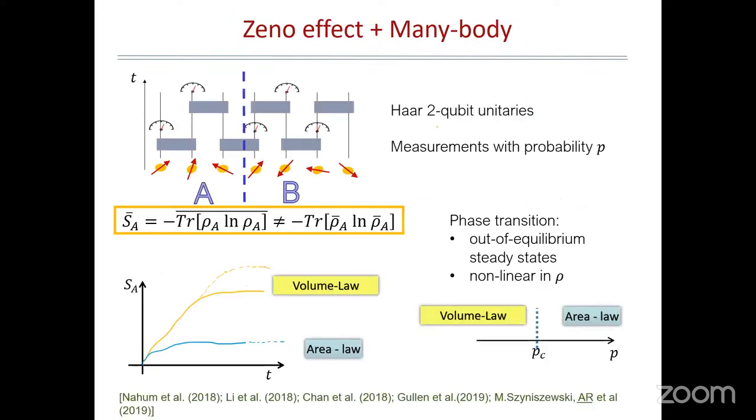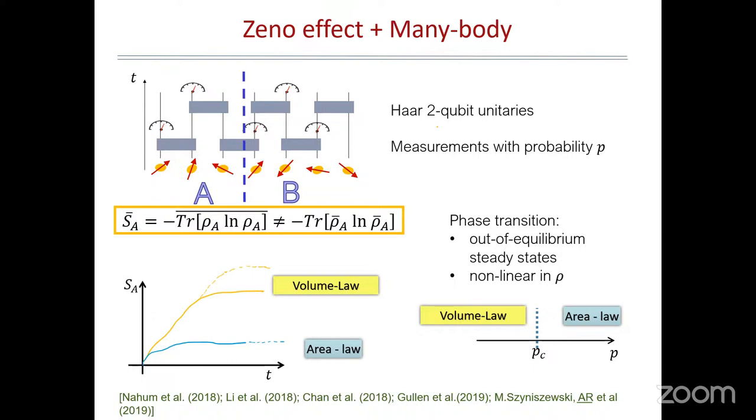And what became interesting in the recent, say, 5 years is what are the many-body results of that. As you can imagine, as for a single qubit you're blocking coherent dynamics, for a many-body system measurement will block the information scrambling of the system, which is due to the unitary evolution.